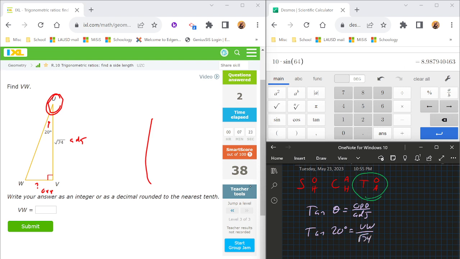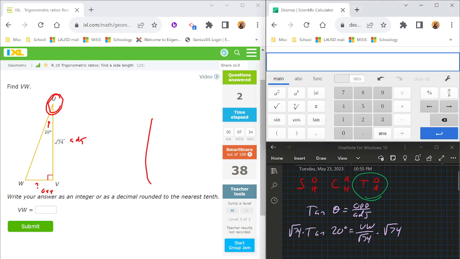The square root doesn't make a lick of difference. It's times root 74 times root 74, just like I did before, just a little funnier number to write. So clear this. I'm just going to have square root 74.